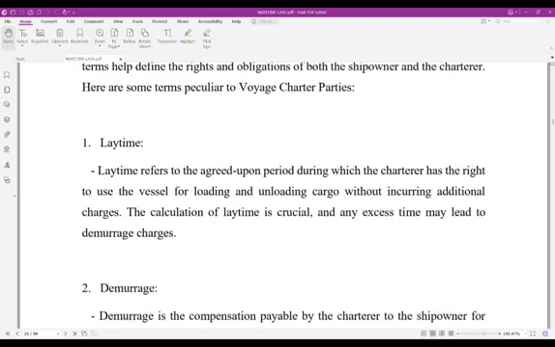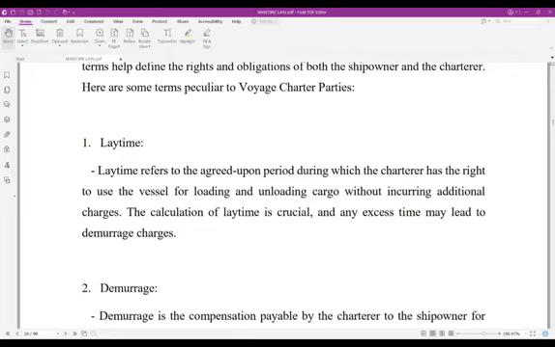Lay time. The lay time refers to the agreed upon time earlier discussed, during which the charterer has the right to use the vessel for loading and unloading cargo without incurring additional charges.